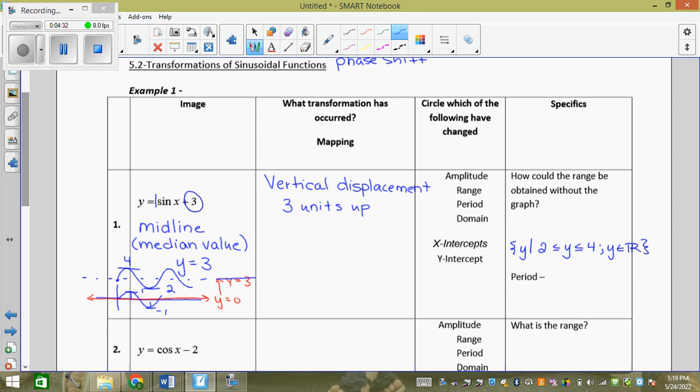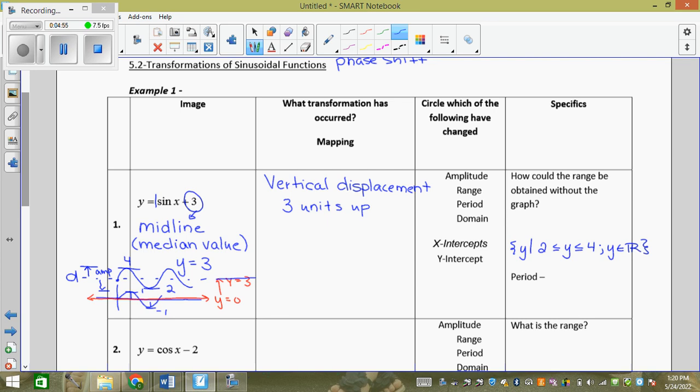So I could sketch it to get my range, right? Or I could just use my midline and add to it my amplitude. So if I know my midline being my D value, if I take my D value and add my amplitude to it, which is 1, I'm going to get 4. If I subtract my amplitude from it, I'm going to get 2, and I'd have my range, correct?